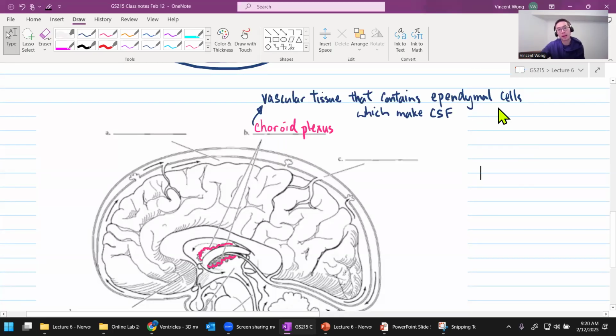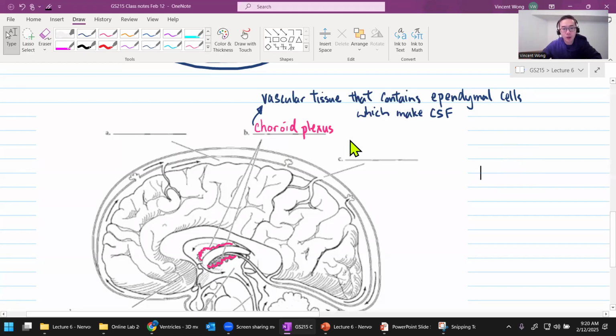For example, if ependymal cells become cancerous, the cancer is called ependymoma. If astrocytes become cancerous, it's called astrocytoma. So different kinds of glial cells can contribute to different forms of cancer.